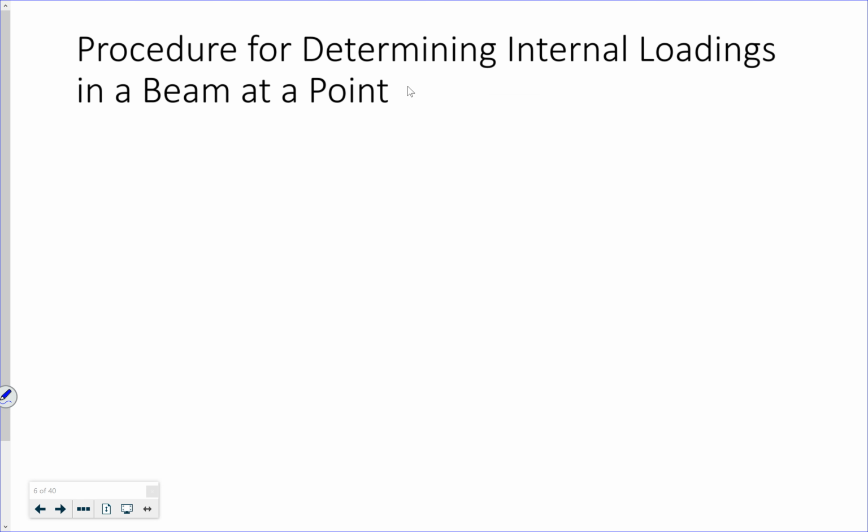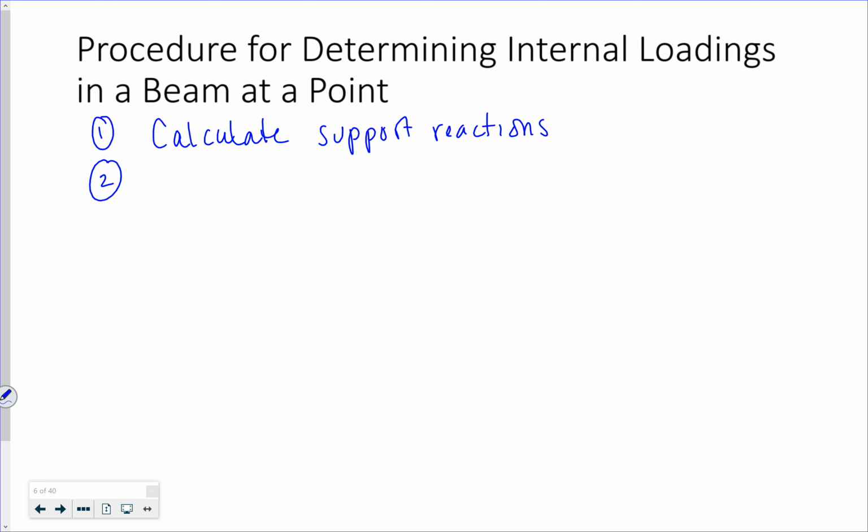So how do I determine my internal loads at a certain point? First of all, if I'm given a beam with applied loading and unknown support reactions, I've got to calculate those. Then I'm going to cut my structure at the point where I want to determine my load.